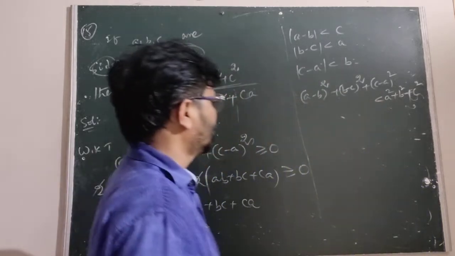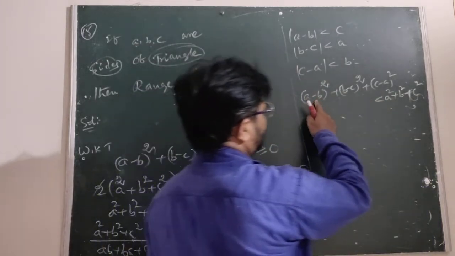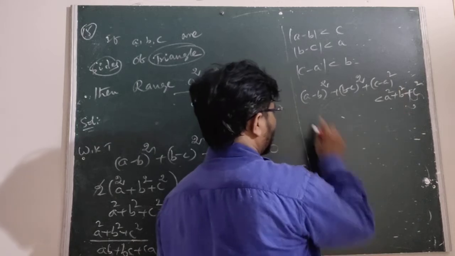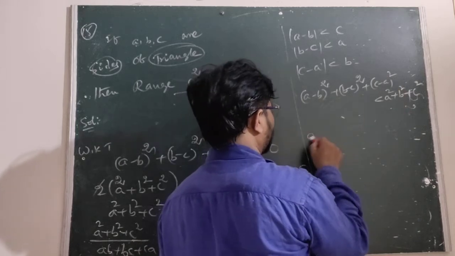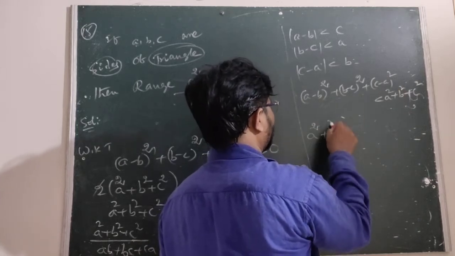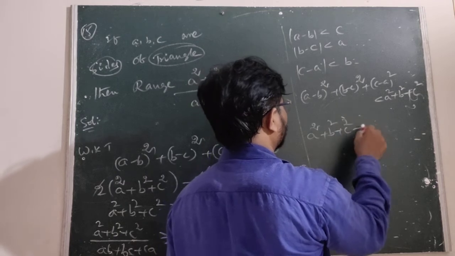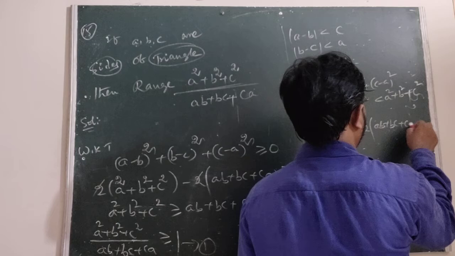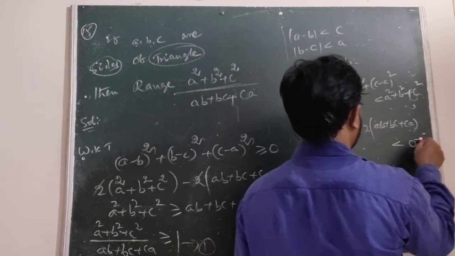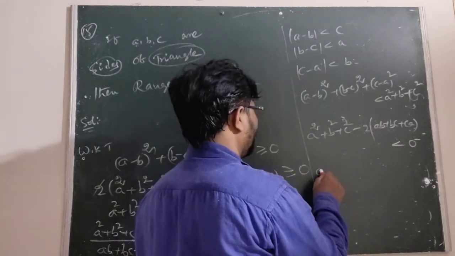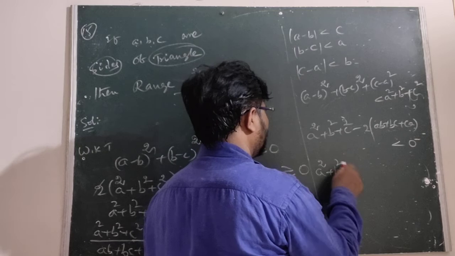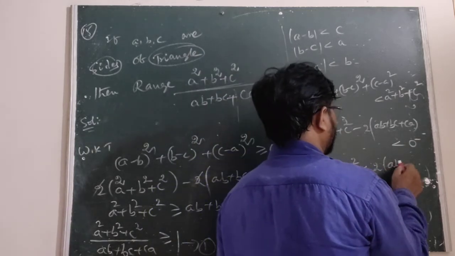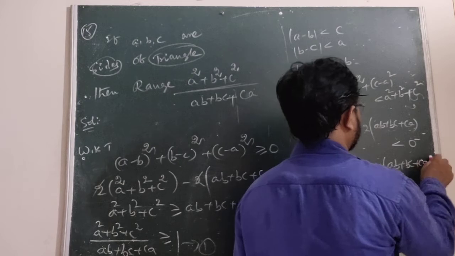Now this can be A square plus B square minus 2AB, B square plus C square minus 2BC, C square plus A square minus 2CA. One time A square, B square, C square cancel. Now this is A square plus B square plus C square minus 2 into AB plus BC plus CA less than 0. Now this can be written as A square plus B square plus C square is less than 2 into AB plus BC plus CA.